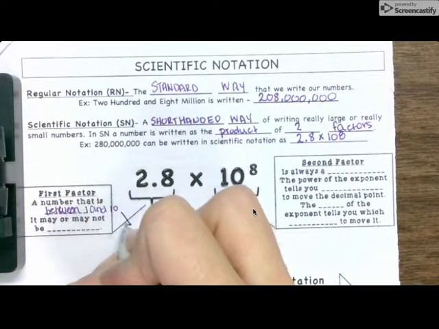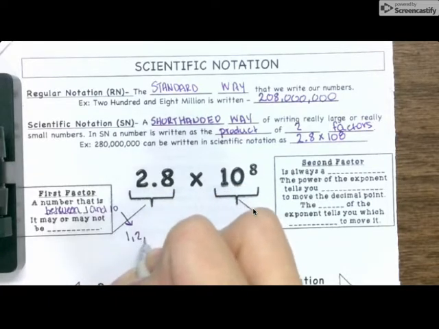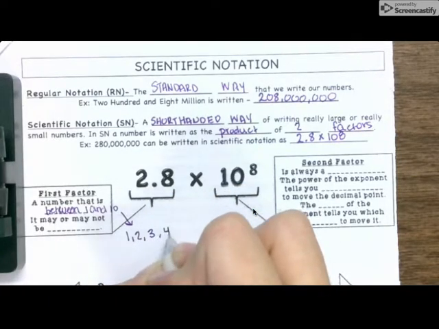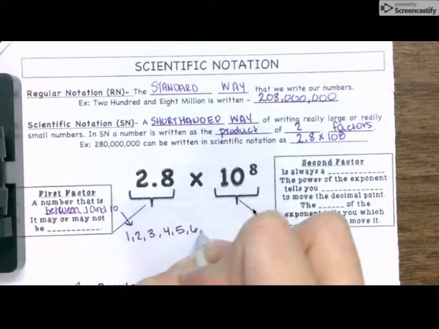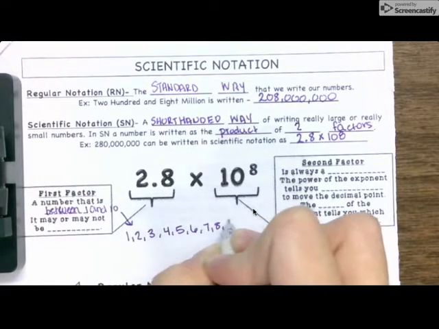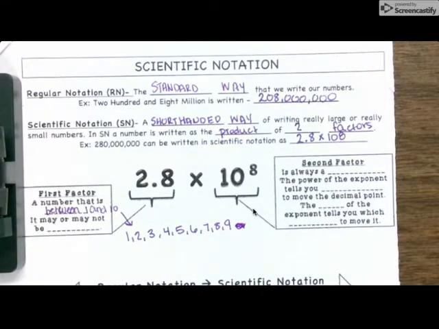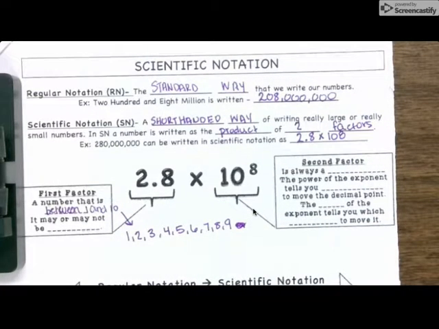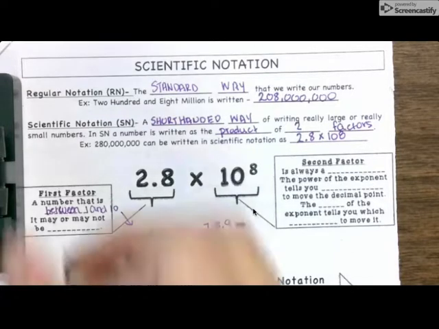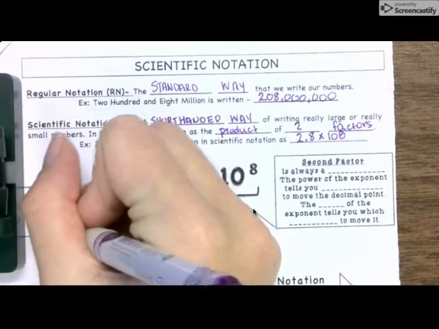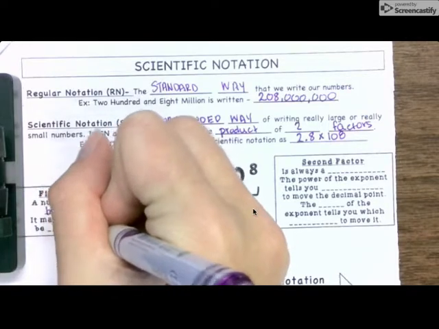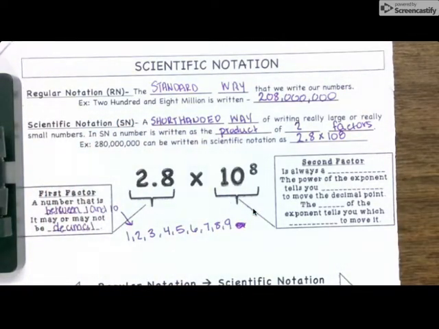So what I mean by that are your options are 1, 2, 3, 4, 5, 6, 7, 8, or 9. Those are your options. It may or may not be a decimal.